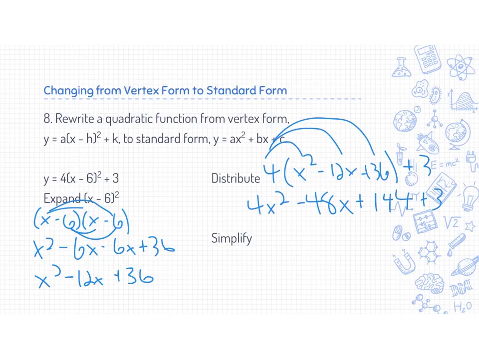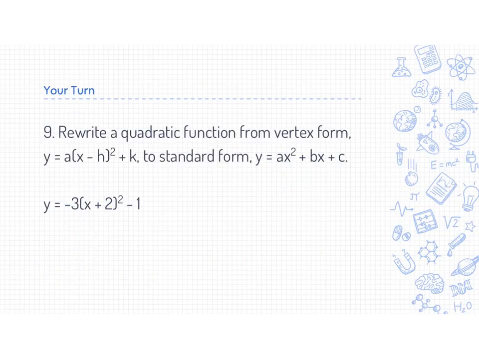Now we want to simplify, so just combine like terms, and we get y equals 4x squared minus 48x plus 147. And so that's going from our vertex form to standard form now. All right, your turn here.